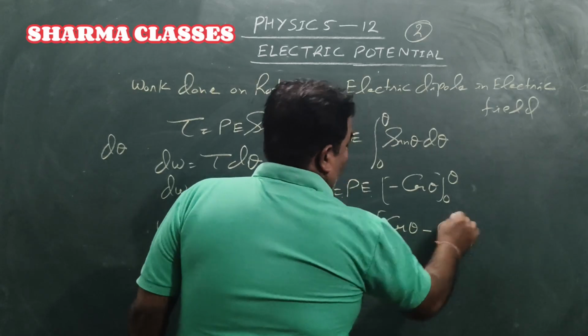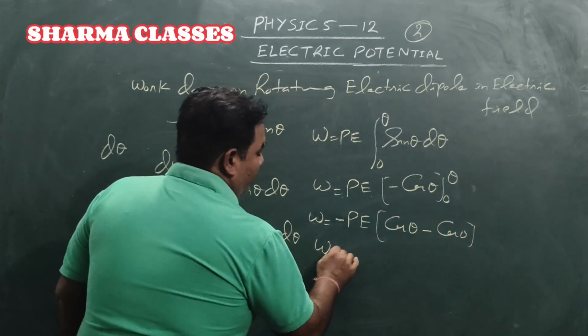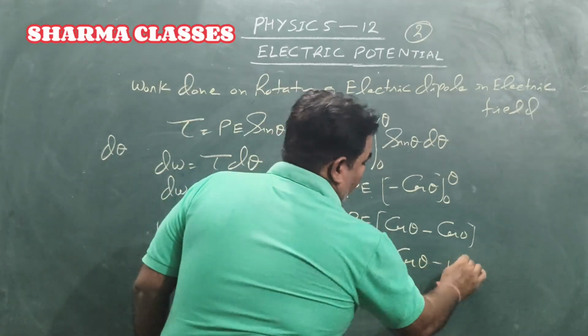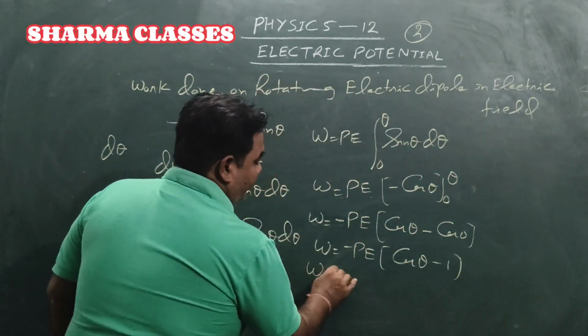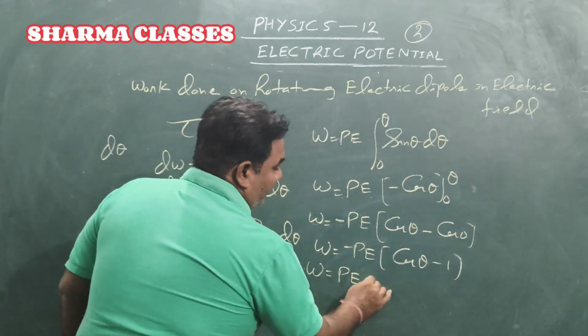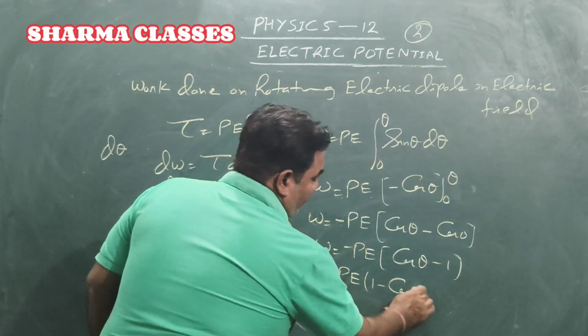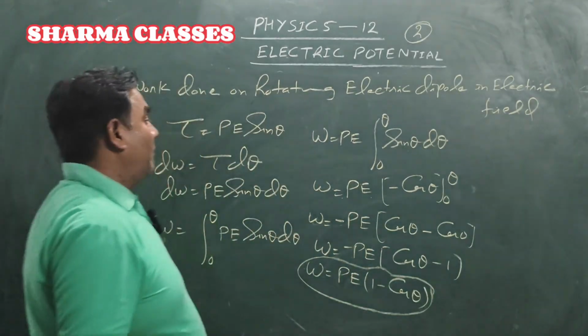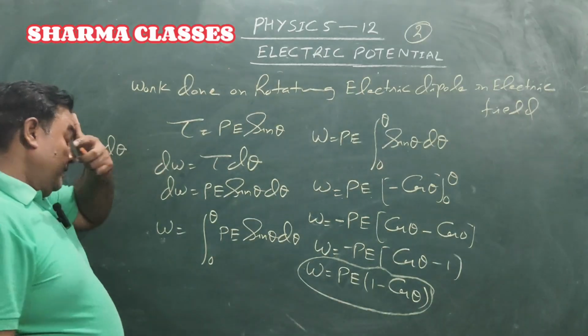The value of cos 0 is 1, so minus P E cos theta minus 1. Multiplying, W is equal to P E into 1 minus cos theta. This is the formula of work done on rotating the dipole in a uniform electric field.